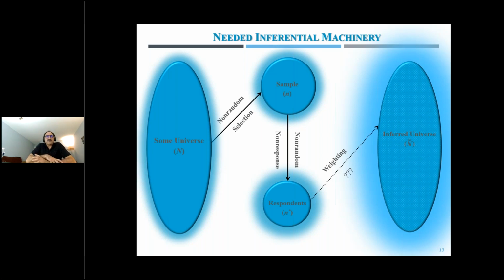And samples that are selected from such universes are therefore not random. Selection probabilities are not known. And on top of that, we have the differential non-response. So this basic idea of taking a sample, applying weights to them, and being able to produce measurable inferences becomes more and more challenging.